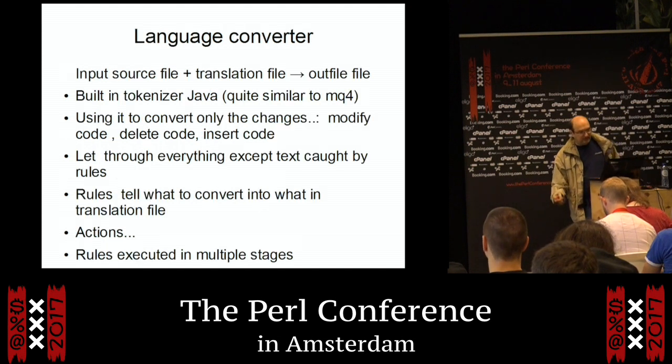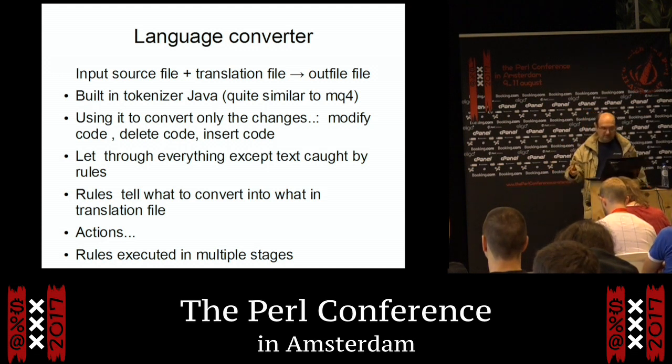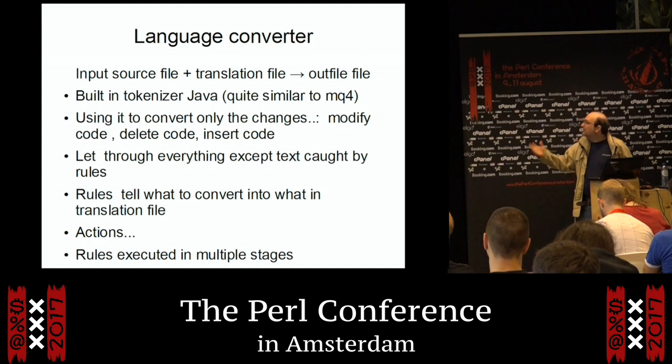Okay, the structure of the language converter is very simple. You get a source file which you want to convert. We have the translation file which contains a list of transformations I want to perform, or maybe it's more actions, because you can analyze the code as well. I will talk about that later. And the two of them allow us to produce the output file.